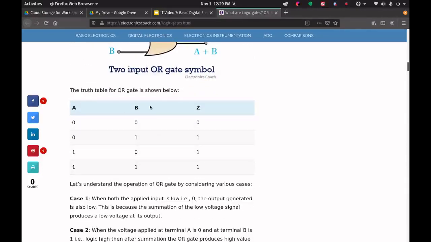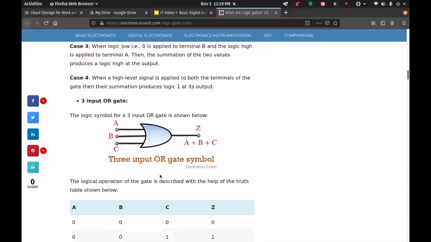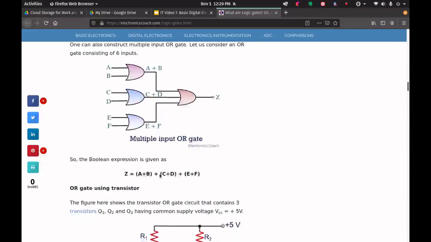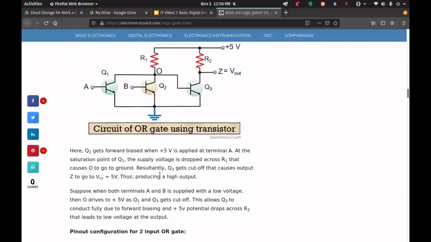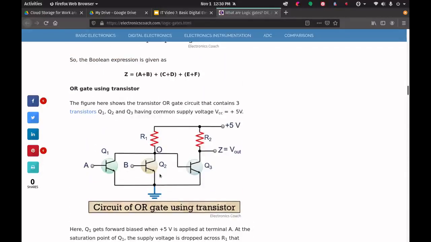There's a truth table. Truth tables basically tell you what is the logic within the gate to provide a given output. You can also make OR gates out of transistors.